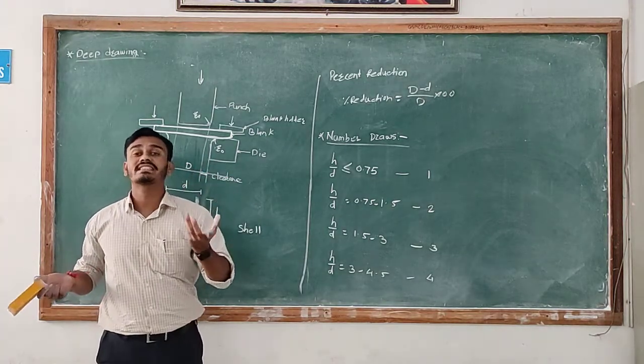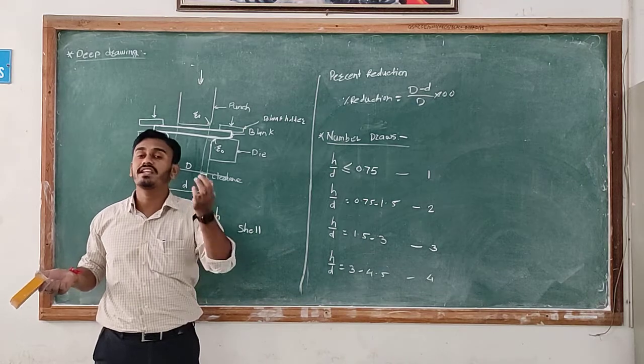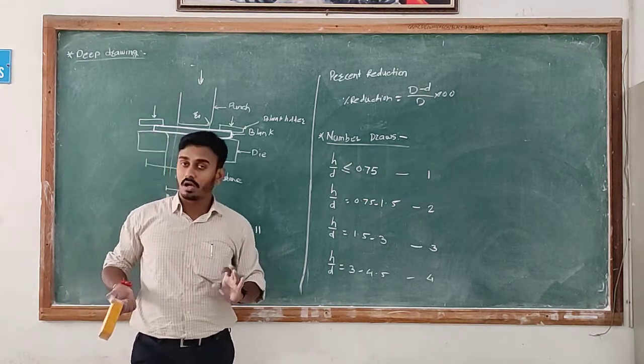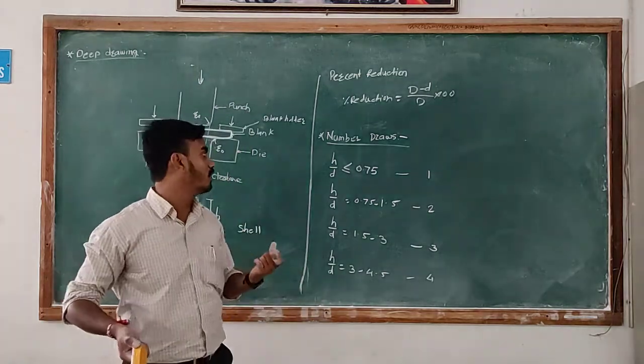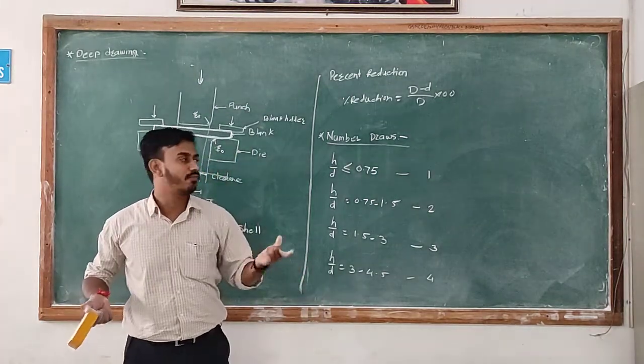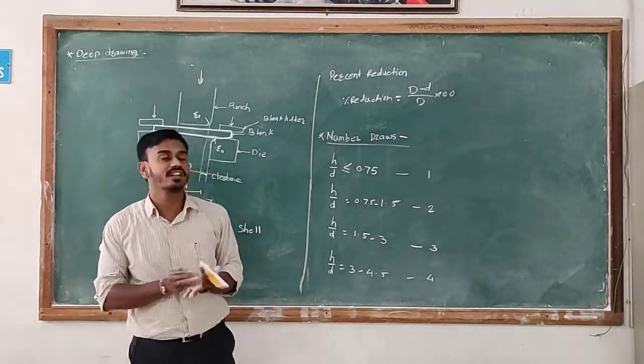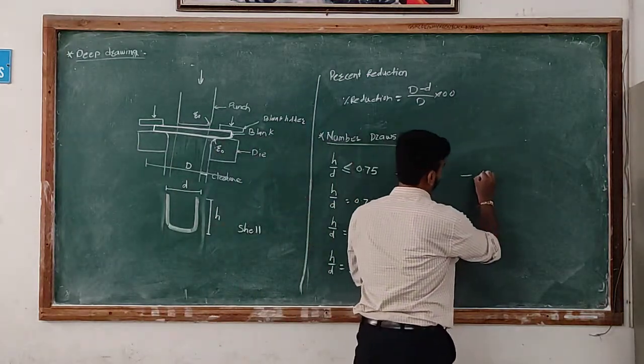Now, how much percentage reduction is obtained in each draw? For a first draw, the percentage reduction is 40.